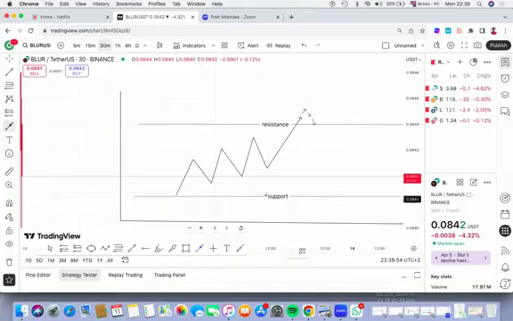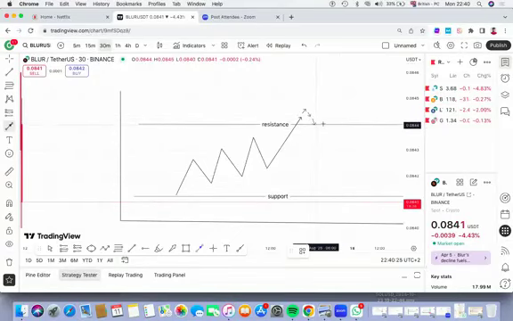Which means before you can even draw your support line, you have to have multiple touches, which we technically call double top or double bottom, okay? When you have your double bottom and your double top, then you draw your support line and your resistance level. So before you can take an entry using this strategy, you have to wait for confirmation on your breakout and a retest on the level, either your resistance level for a long position or a pullback to your support level for a short position.